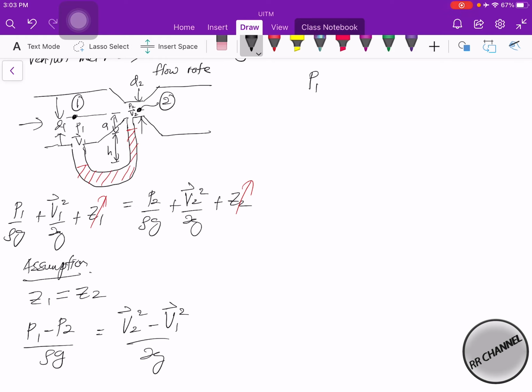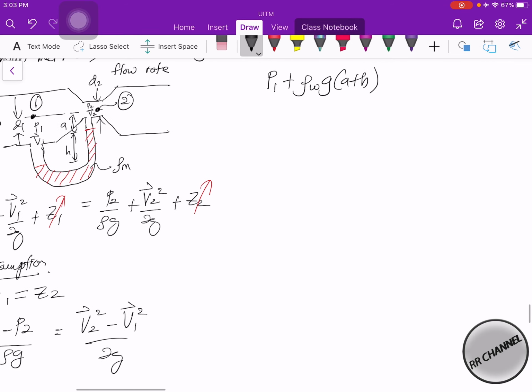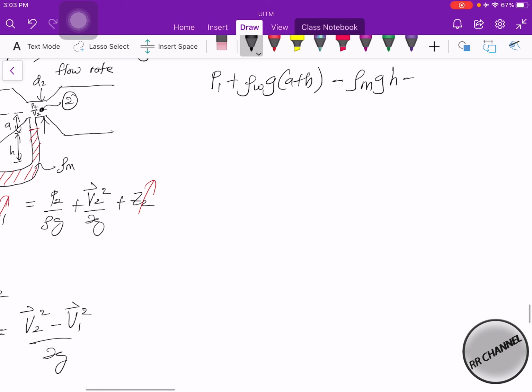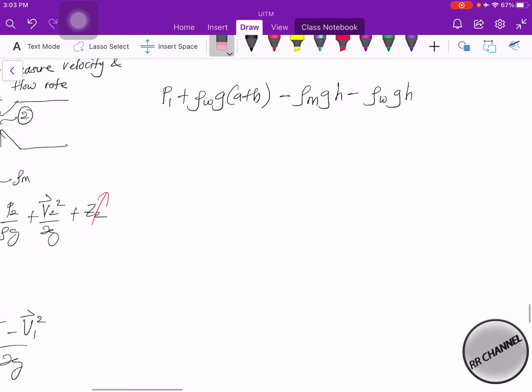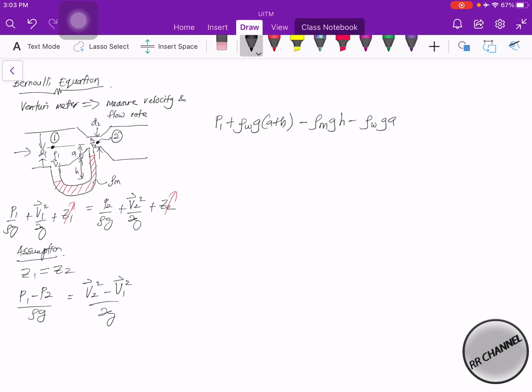From P1, going downward, it becomes plus rho of the water g A plus rho of the mercury g h, and then going upward, minus rho of the mercury g h, then going upward again minus rho water g A. This is equal to P2.